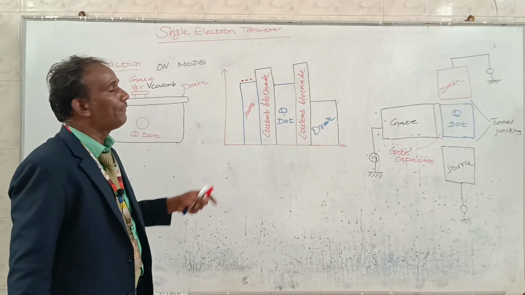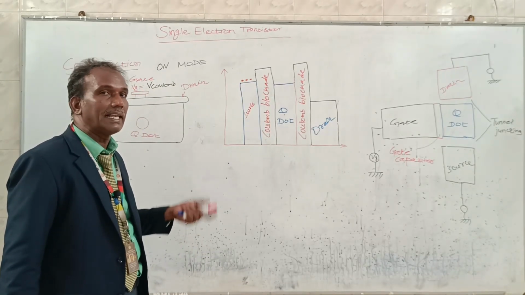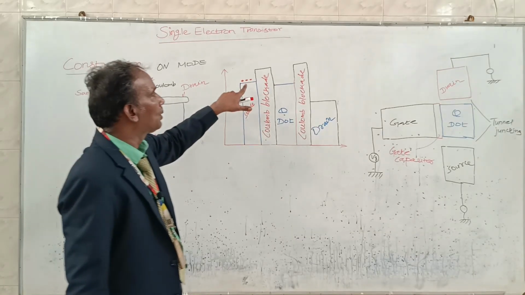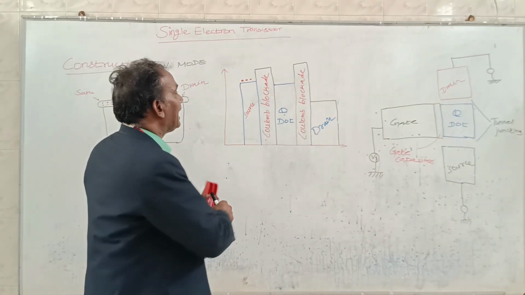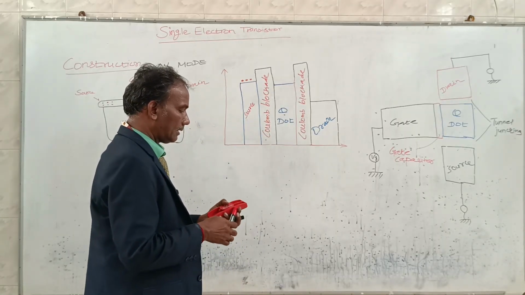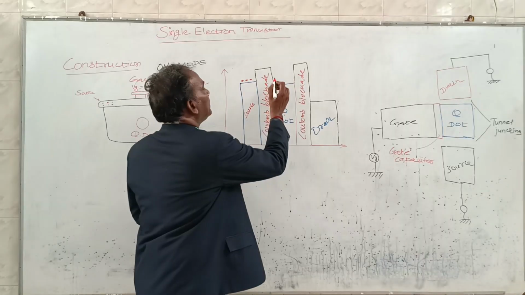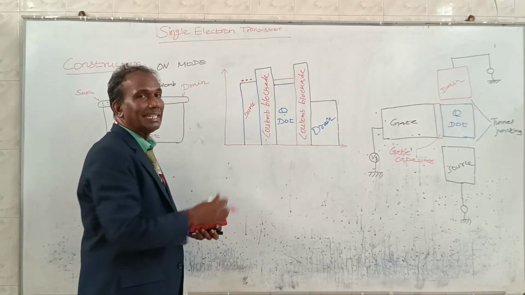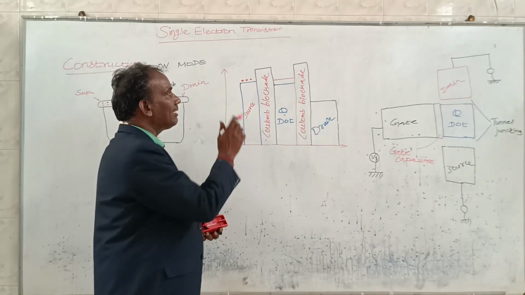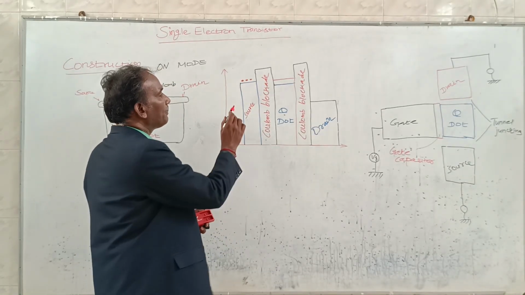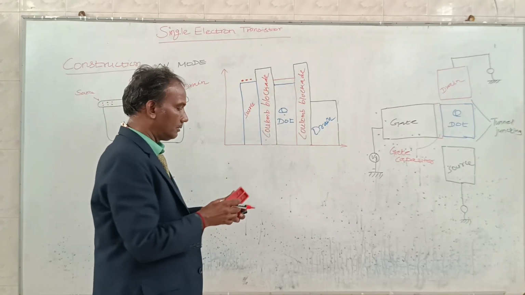There is only one difference between the previous case and this case. As we look at the earlier case, the energy level of the quantum dot is equal to the energy level of the source. It is not energetically favorable to the movement of the electron from source to quantum dot.